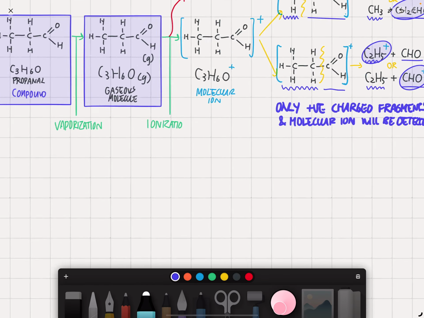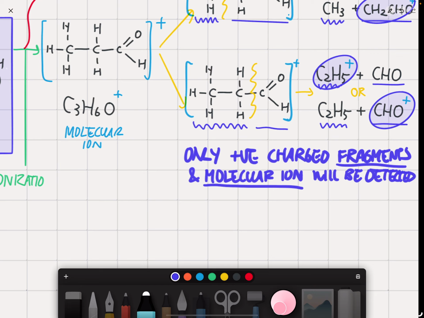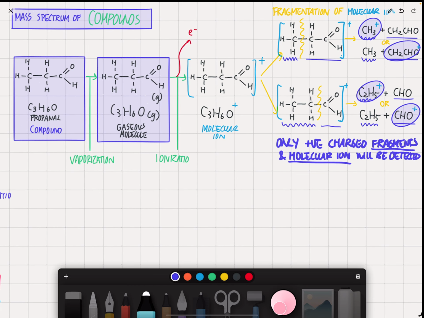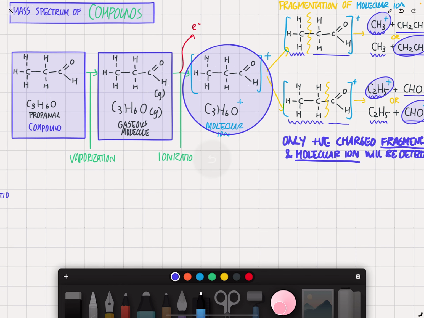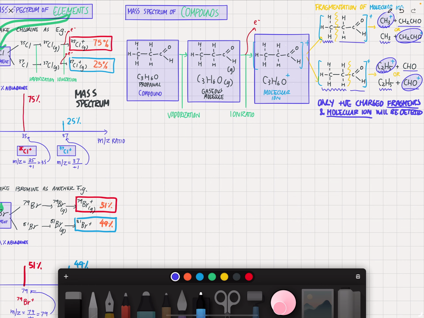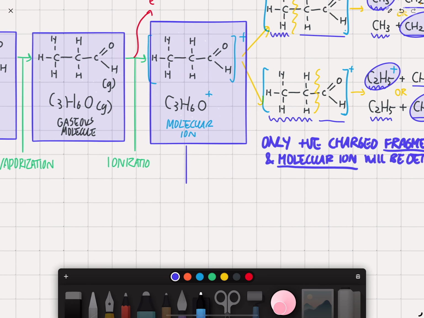So this is why I said only positively charged fragments and the molecular ion will be detected in the mass spectrometer. This includes also the molecular ion we have in here. And because all these have different mass to charge ratios, let's take a look at the mass to charge ratio of the molecular ion here.